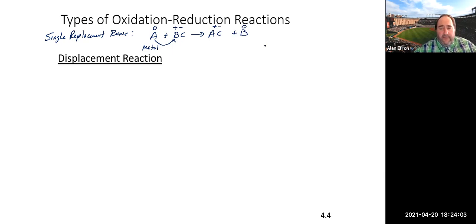We could also have this reaction where the first guy is a non-metal. And we saw that way back when on one of the very first labs that we did, when we did those halogens. And this guy then would kick out the non-metal part of that, which is the negative guy, and make a new ionic compound.